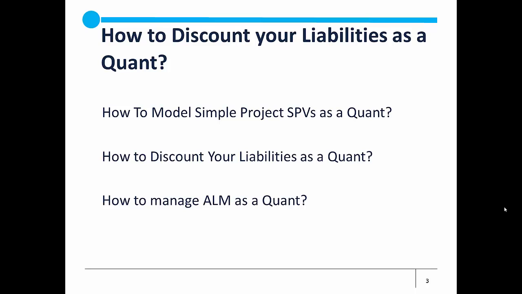In other words, is there anything about portfolio construction that will be different in this new method. So let's start. The first section is how to model simple project SPVs as a quant.